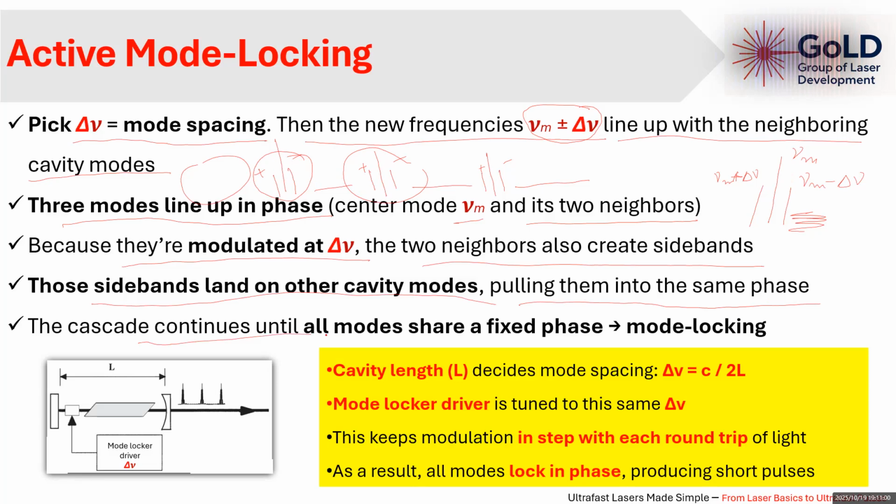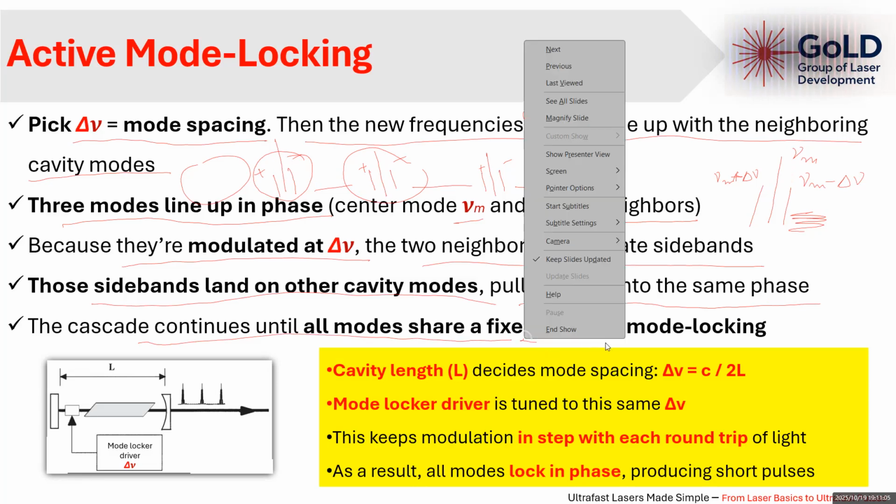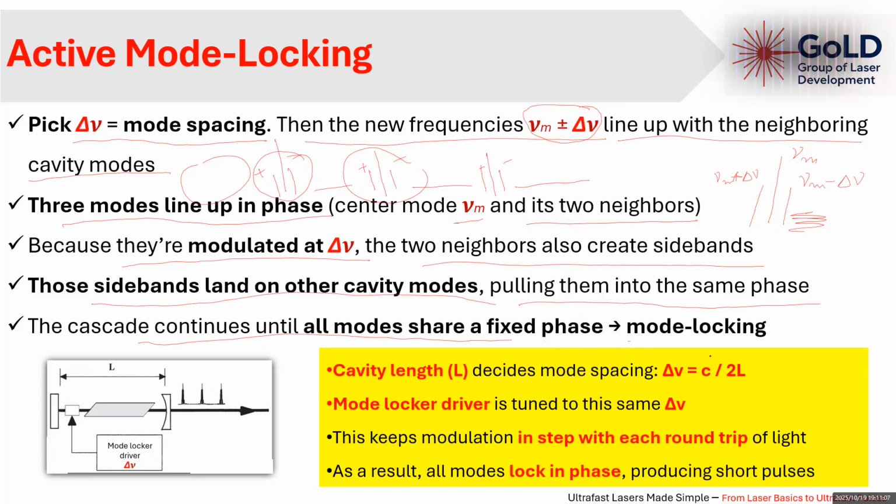So it continues until all the modes actually move with the same frequency, or you can say their phases are fixed. Okay, so this is how the external device, which you call the active mode locking technique, is used to lock the phases, and we get the pulses.